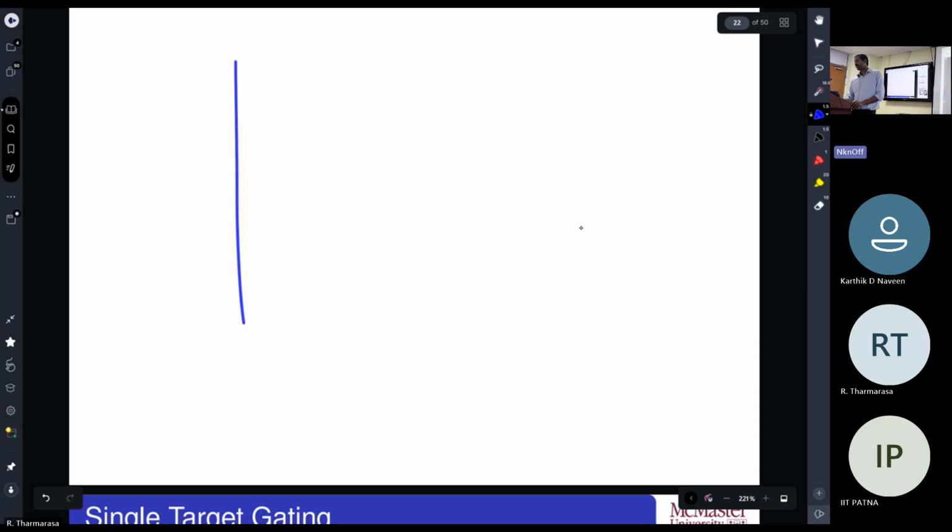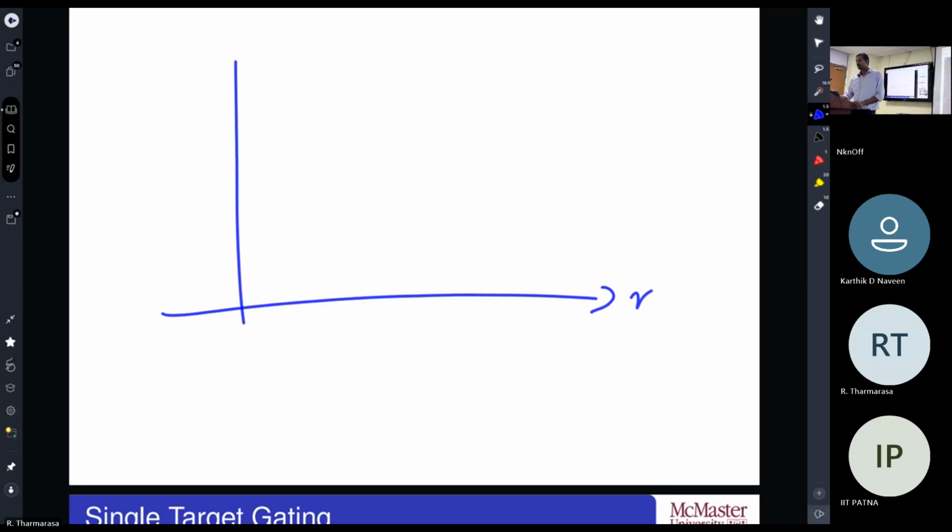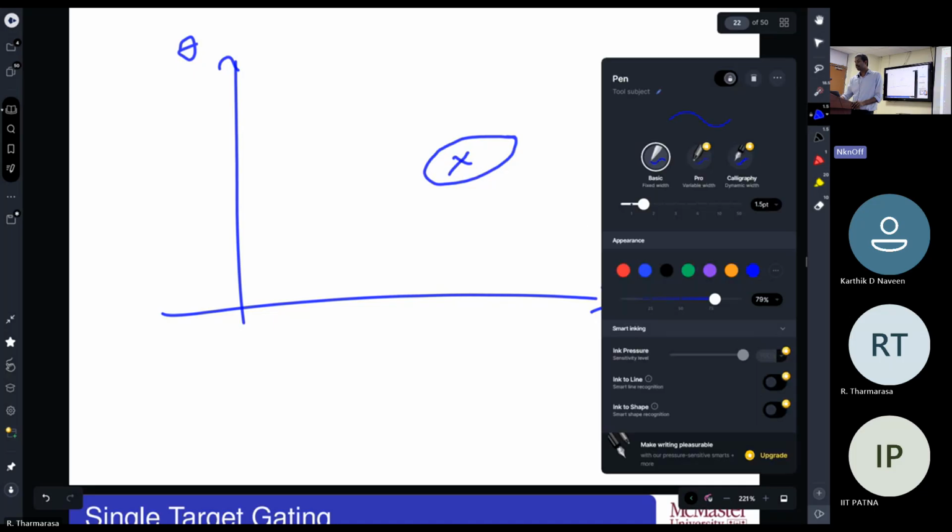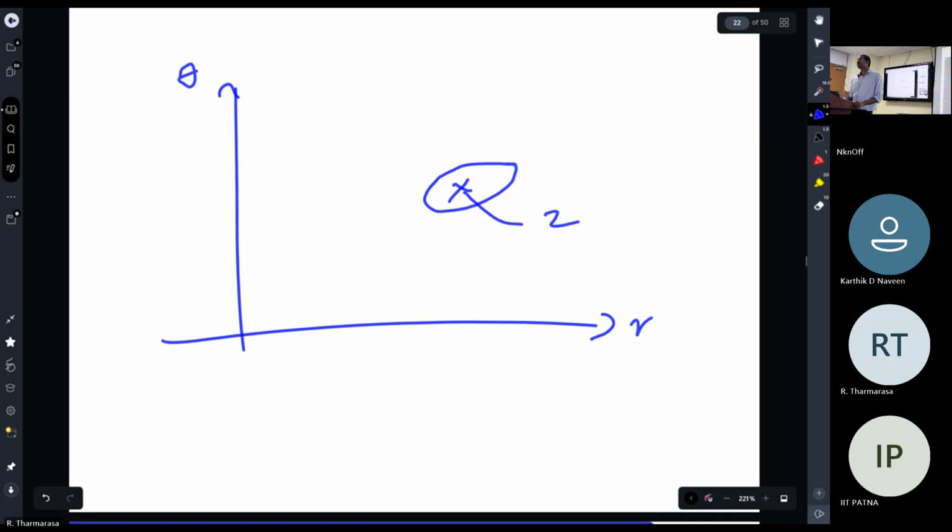This is R and theta. So you get a measurement here, and the measurement has a covariance like this. Now you have Z hat somewhere.